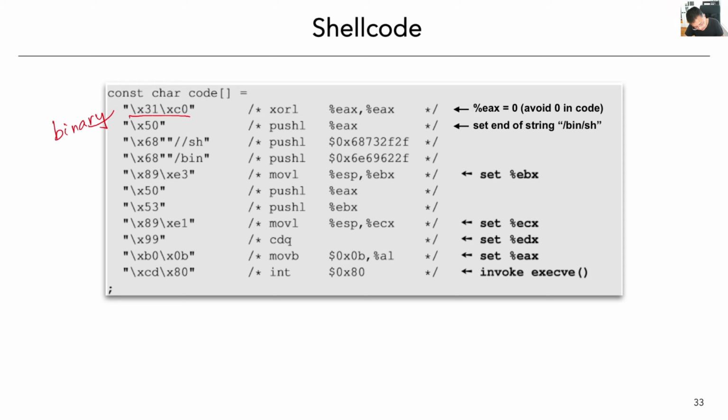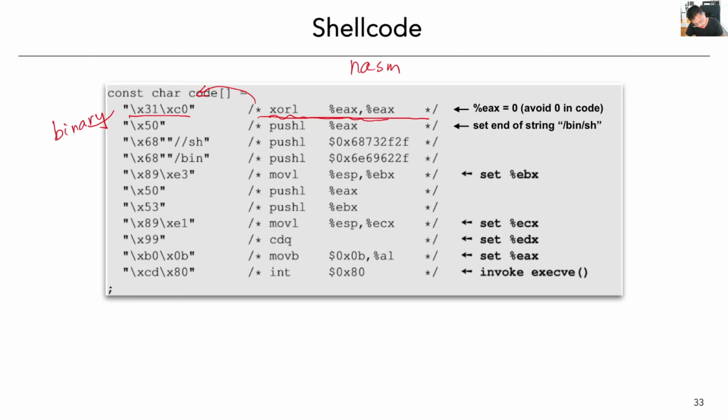Here we have the disassembly instructions. It's the same as this binary. When you assemble an assembly file using a command like NASM, it will turn these assembly instructions into this binary, right?